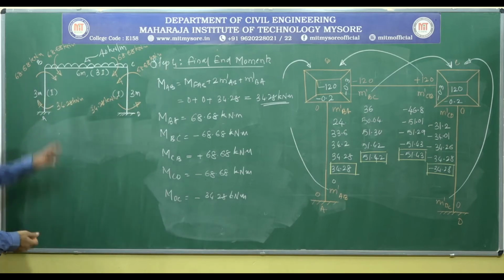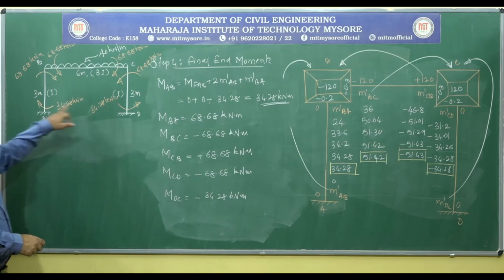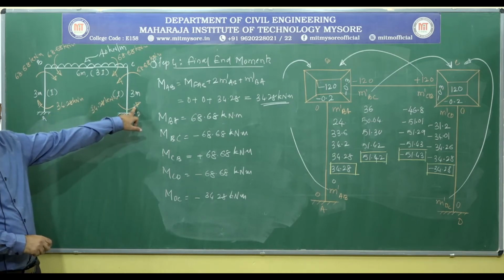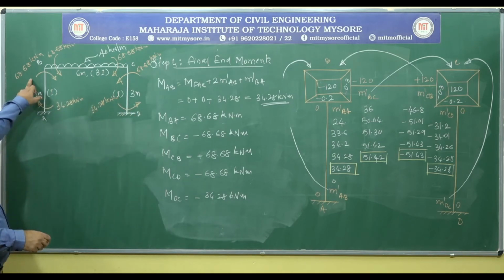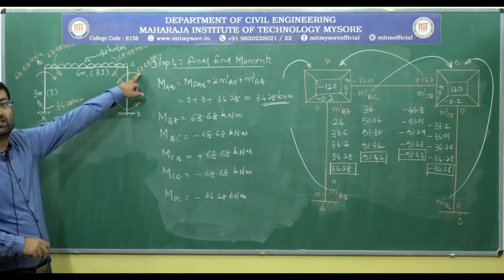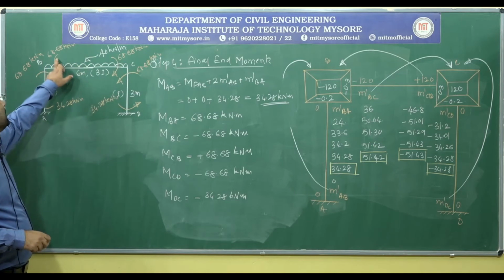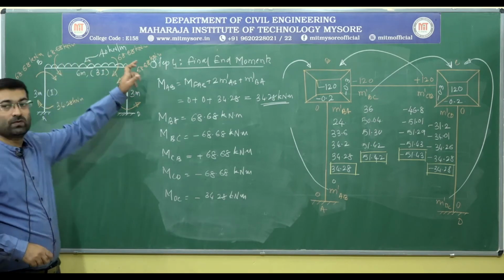Now see here, it is clockwise 34.28, anti-clockwise 34.28. Clockwise 68.68, anti-clockwise 68.68. It is anti-clockwise, clockwise.